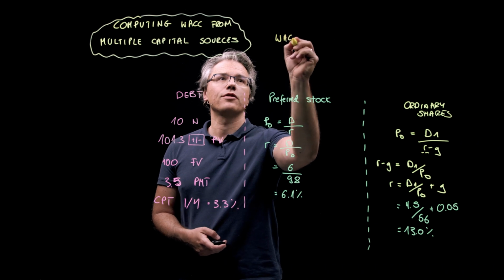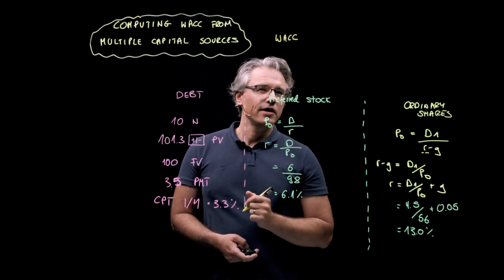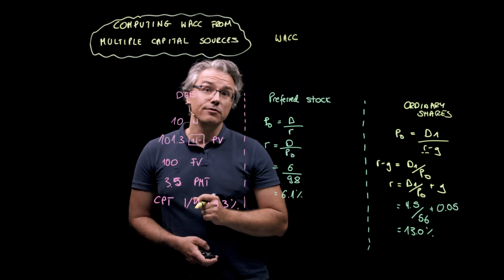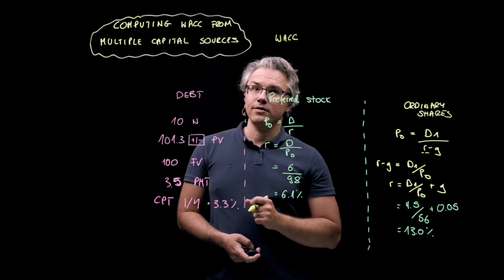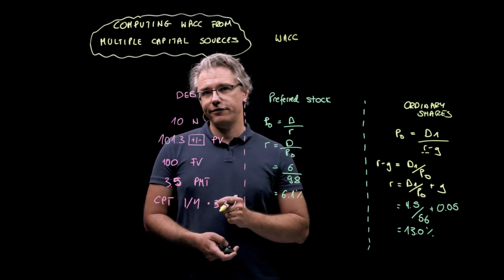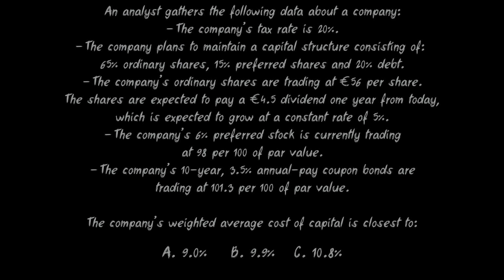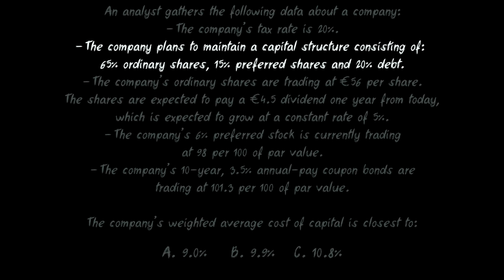Okay, on to the actual weighted average cost of capital computation. Here we will need to use the proper weights, and let's go back to the scenario one more time to find these. The company plans to maintain a capital structure consisting of 65% ordinary shares, 15% preferred shares, and 20% debt. We will also, in just a moment, need the company's marginal tax rate, which is given as 20%.